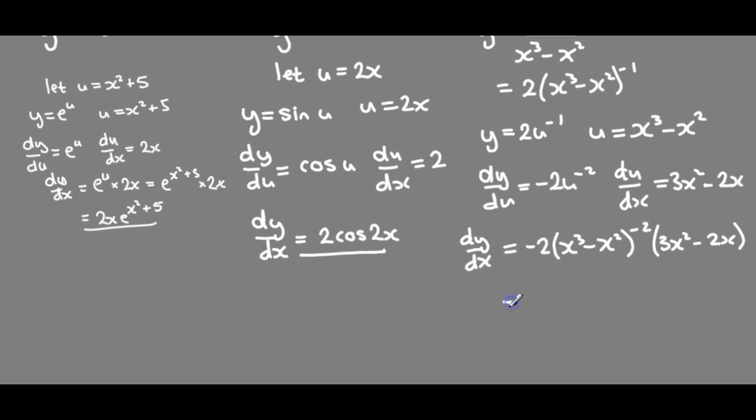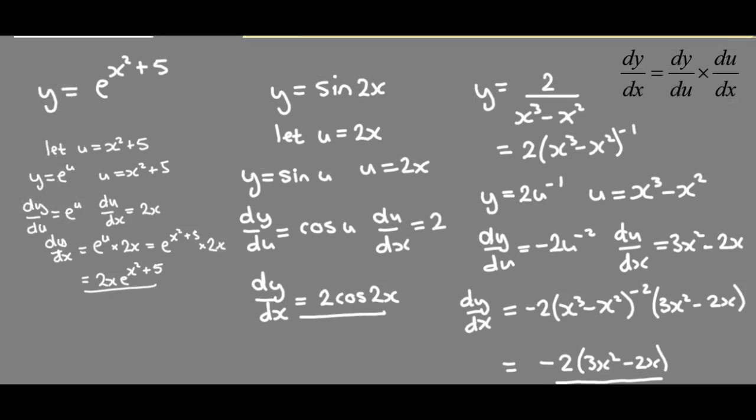And then just to tidy all of that up, -2 times 3x squared minus 2x, and that will be all over x cubed minus x squared, all squared.